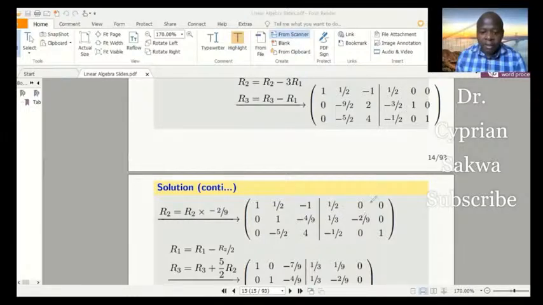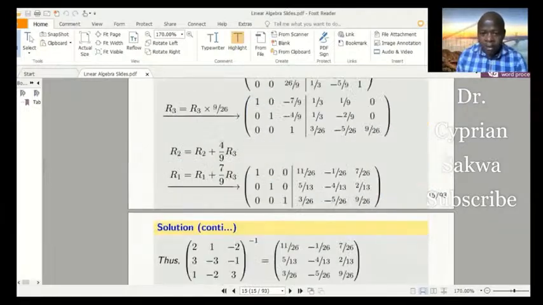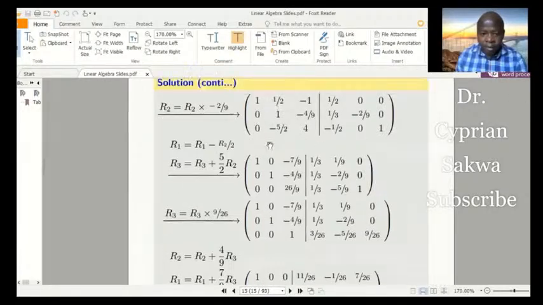And the other one will give me negative 2 over 9. And the other one will give me 0. Now, once I have this one, I use it to create 0 in the other positions in column 2. So I want a 0 above it and a 0 below it.